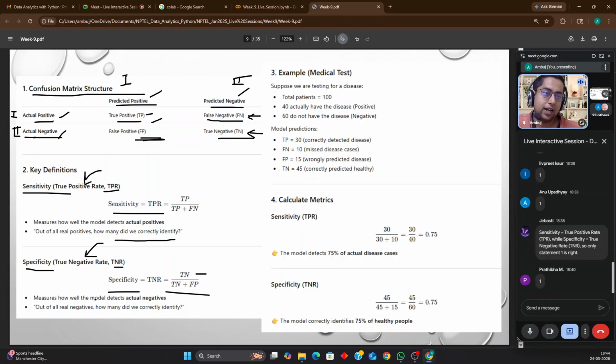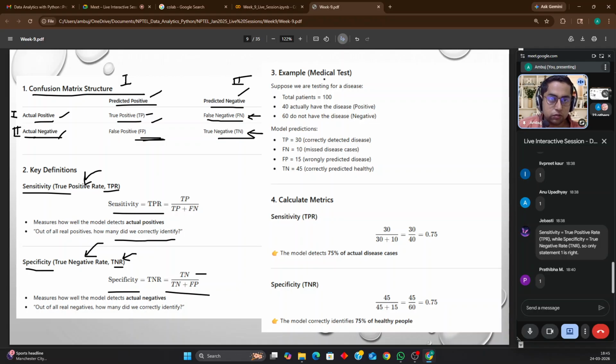It measures how well the model detects the actual negatives. Out of all the real negatives, how many did we correctly identify? That will be your true negative rate.